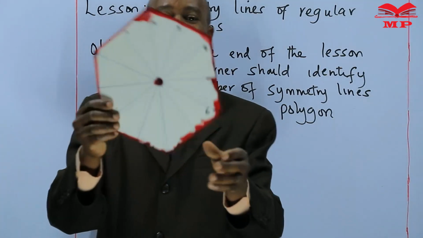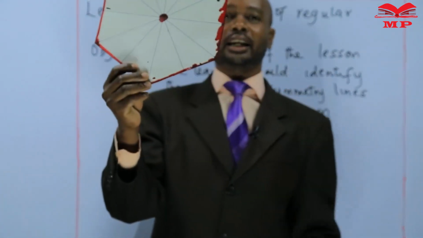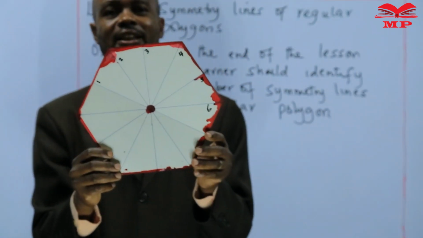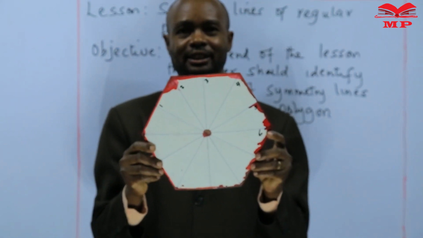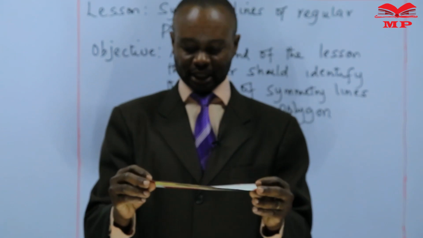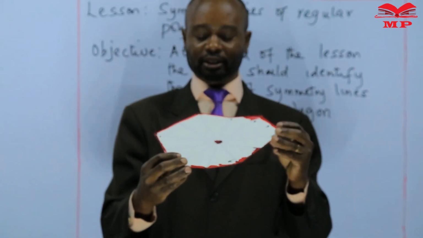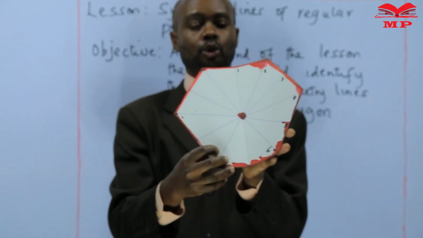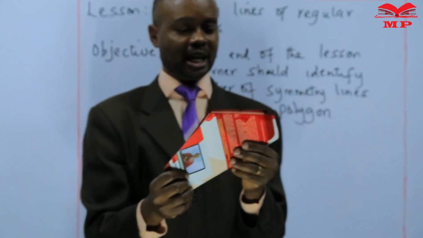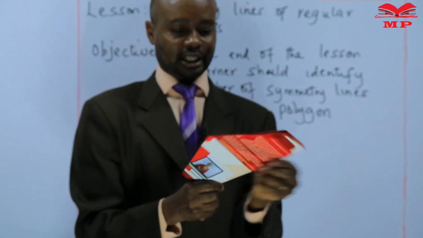We shall move to this second one. It is called a hexagon. It is 6-sided. We want to get those lines that will divide the hexagon into 2 proportionate halves. That is line number 1.